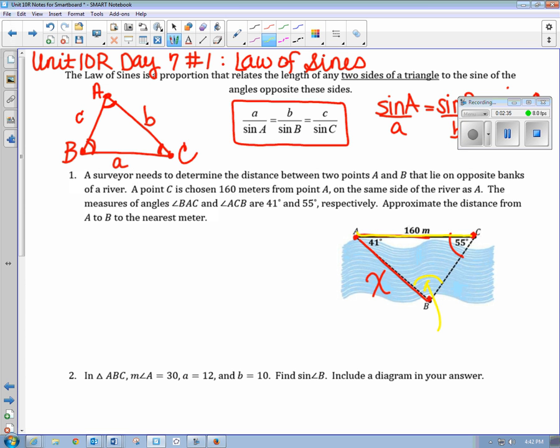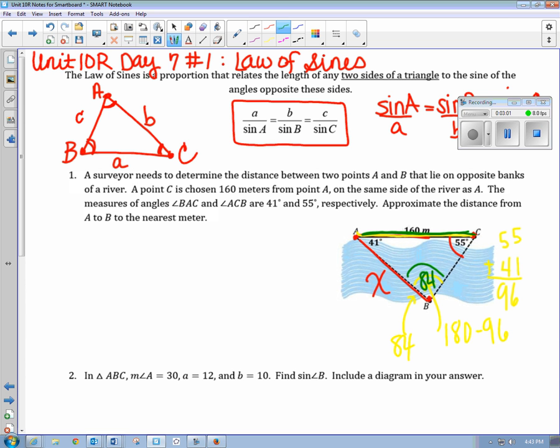But remember, all the angles in a triangle add up to 180. So in this case, if I add the 41 and the 55, I get 96. And then if I do 180 minus the 96, I end up with 84 degrees right there. So that angle in there is 84 degrees.